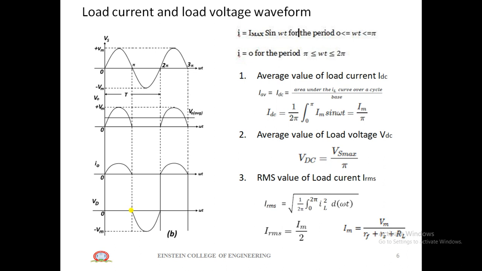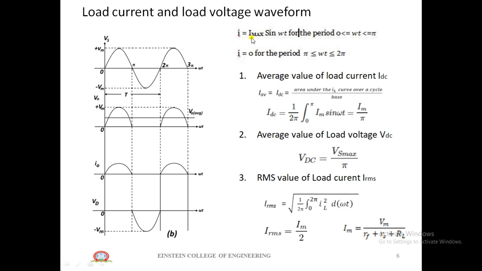Now we are going to see some of the important terms in half wave rectifier. For a sinusoidal waveform, the value of current is I equals Im sin omega t. In half wave rectifier, only one half cycle is conducting. So for the time period 0 to pi, the current value is Im sin omega t, and for the time period pi to 2 pi, the current value is 0.